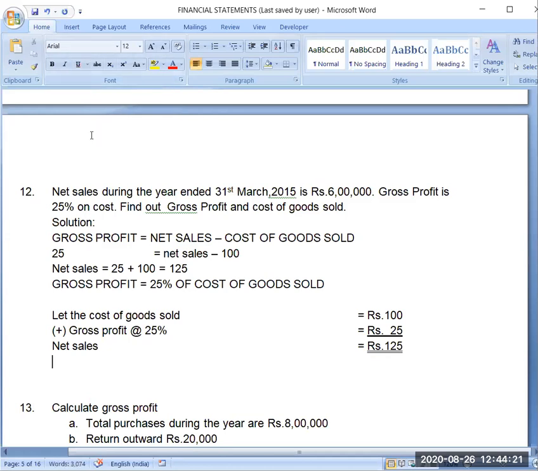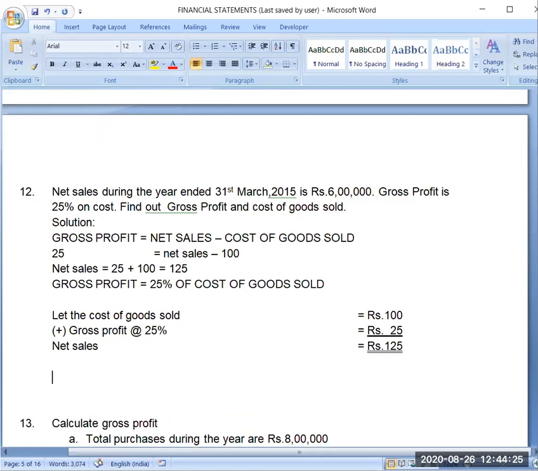Now coming to the next part of this question. Now I know all the three variables symbolically. So now I can calculate the amounts.